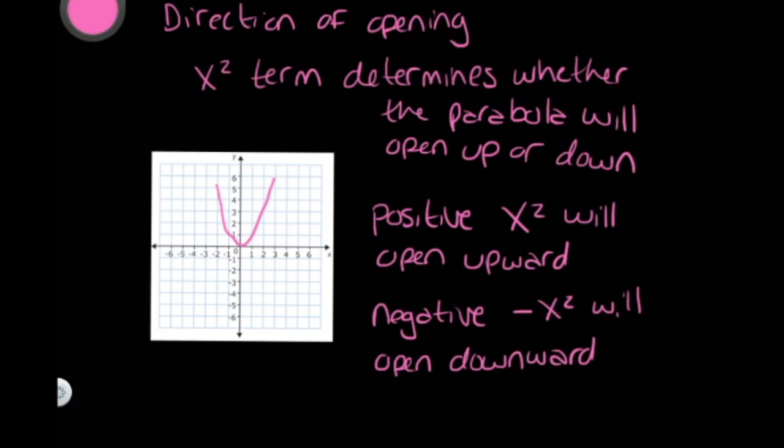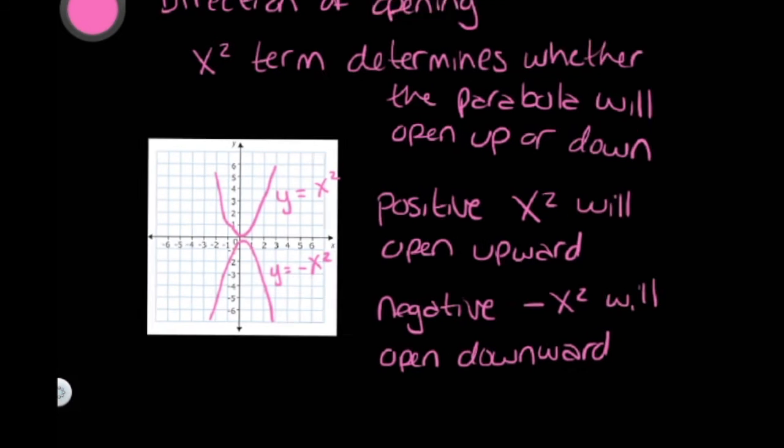This would be something like y equals x squared. If we have a parabola that looks like this, it opens downward. We would have something like y equals -x squared. So that x squared term determines if the parabola opens upward or downward.